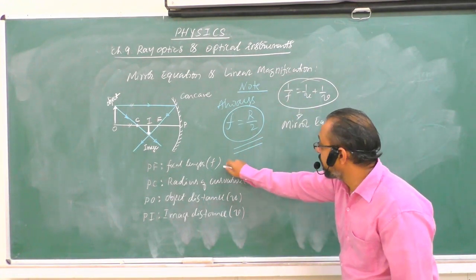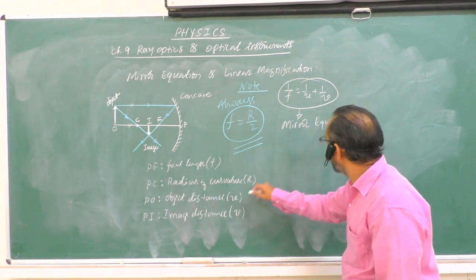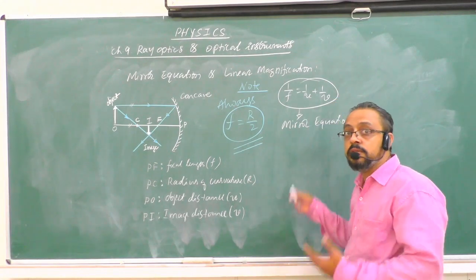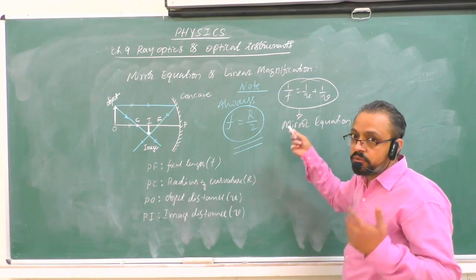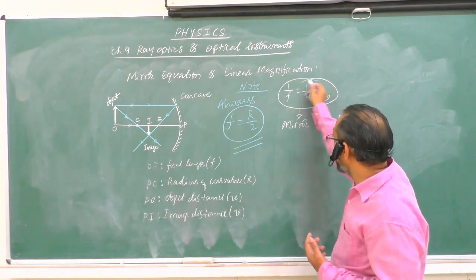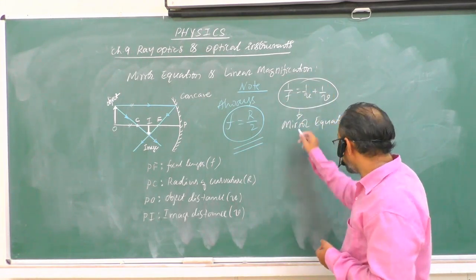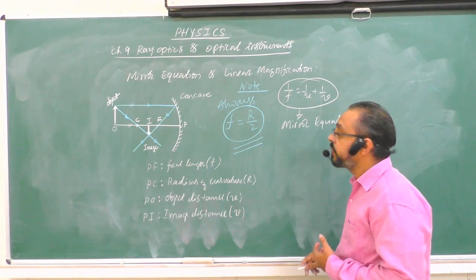The meaning of F is here, U is here, and V is here. So all terms are known. Once you know any two parameters, you can find the third one. This is how you have to make use of this equation.